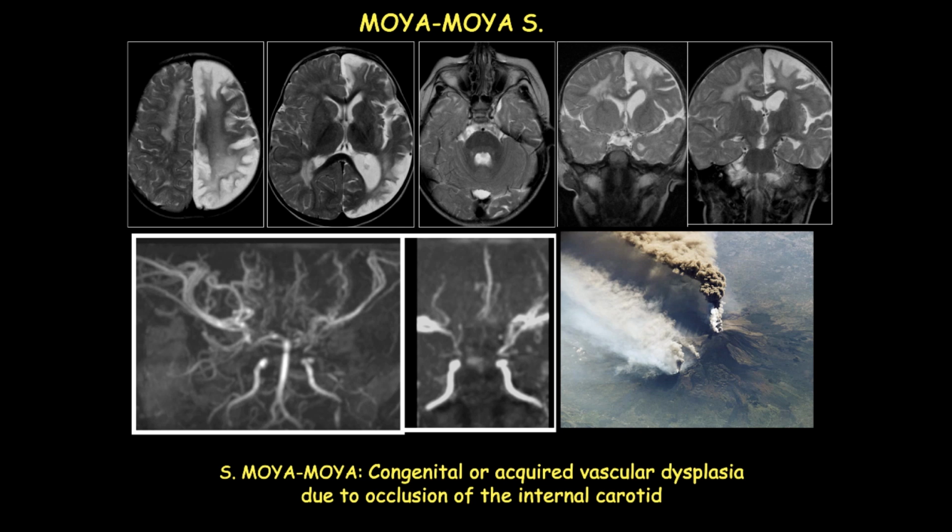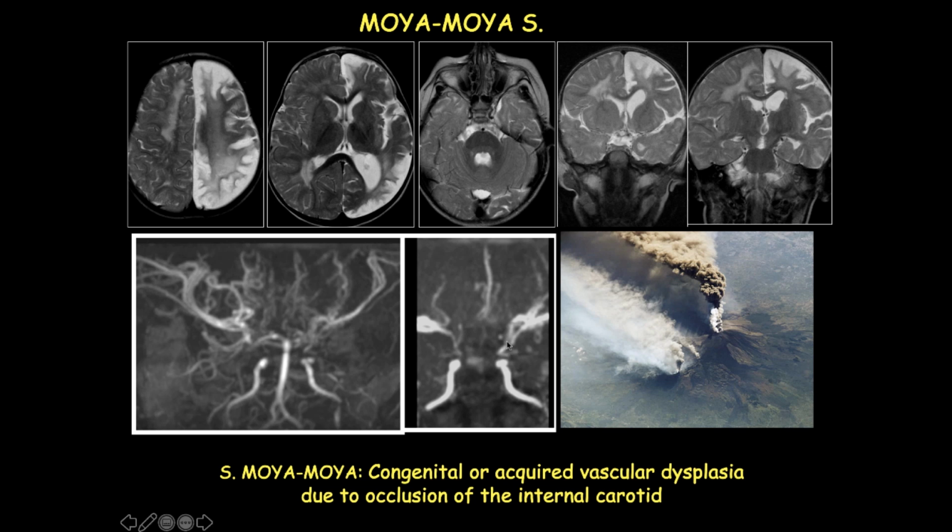Why? Because this is a kind of dysplasia, a disorder where we've got a progressive stenosis of the proximal tracts of the main vessels. Therefore, this progressive stenosis that causes ischemic stroke is related to the compensatory hypertrophy of small vessels like lenticulostriate arteries and thalamoperforating arteries.